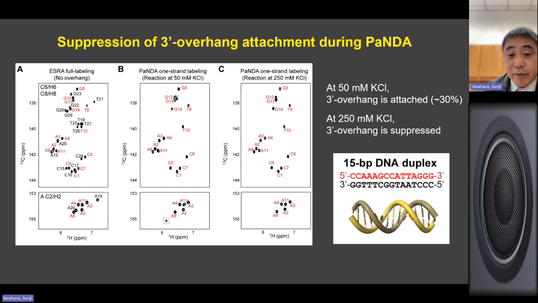So typically we use this condition. However, I should mention that for relatively long DNA, like over 50 nucleotides, the use of such high salt condition may produce a lot of byproducts of shorter DNA. In such a case, you may have to use lower salt concentration at the risk of having 3' overhang.